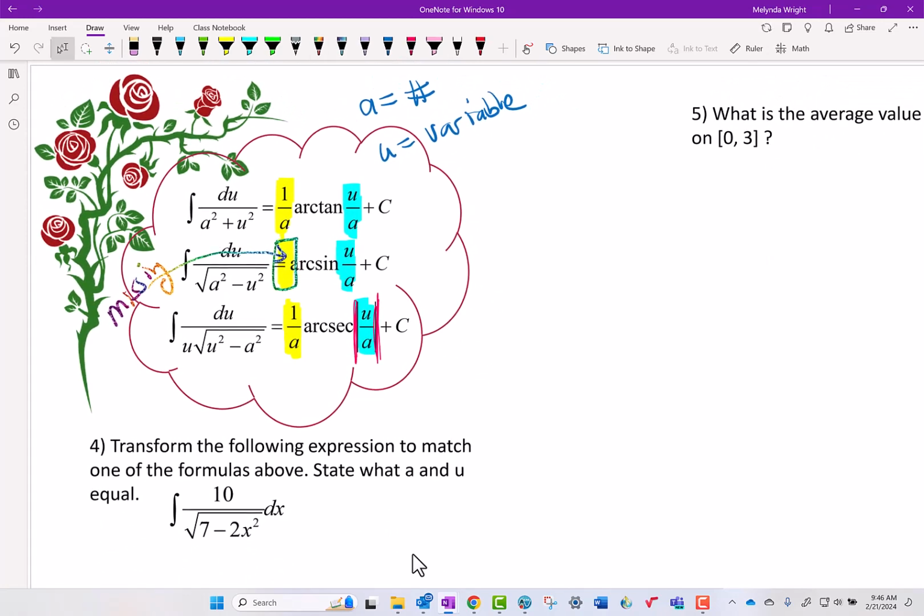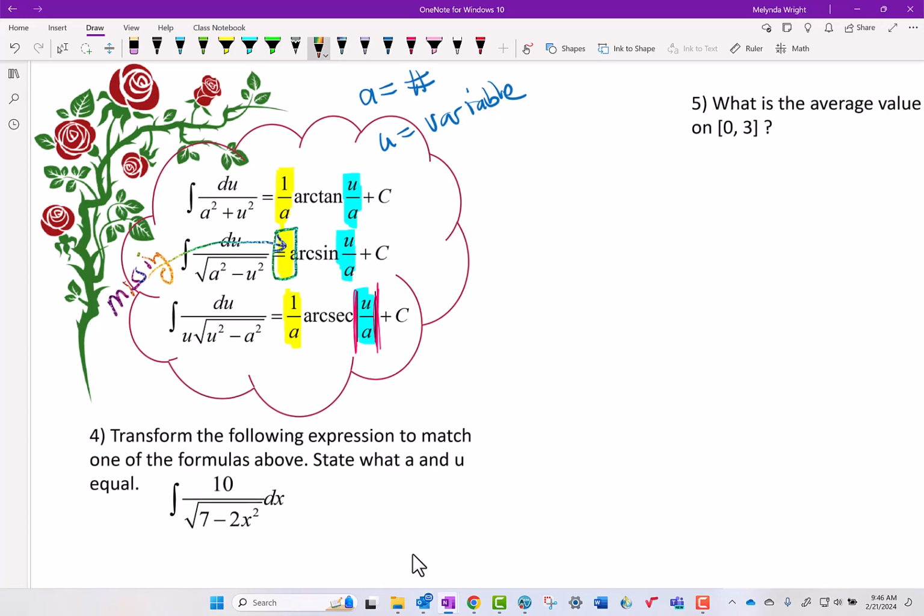We're just going to practice rewriting, transforming this to match one of the formulas above. Okay, so this one, would it match arctangent, arcsine, or arcsecant? Arcsine. All right, so let's figure this out.